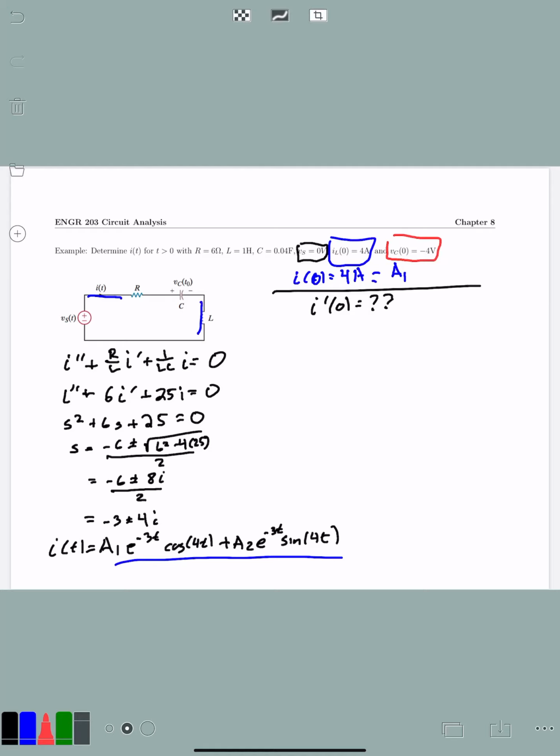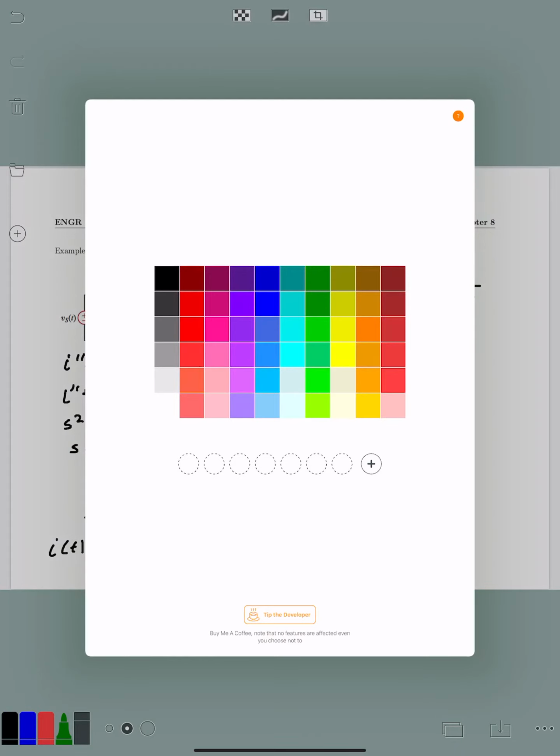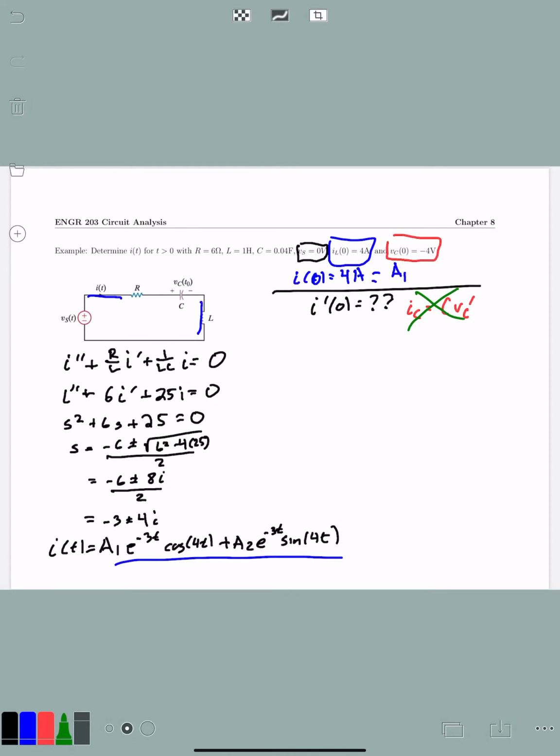Well, for a capacitor, the current is C times the derivative of the voltage. But this is the wrong formula, because it would work if we had the derivative of the voltage, and we want the derivative of the current. This is the reverse way around, so we'll cross that out.